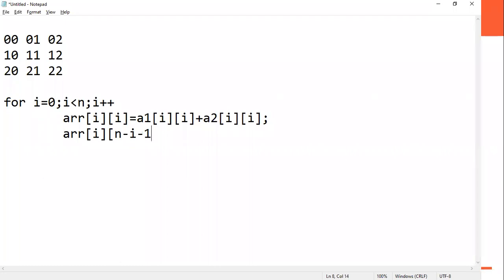Size of the array, which is 3. 3 minus 0 minus 1 is 2. So when i is 0, the second index will become 2. Understood what I'm saying? Here i is 0, n is 3, minus i is 0, minus 1, what is it? 2. Got 2? Yes. When i is 1, what will it be? 3 minus 1 minus 1. What is it?